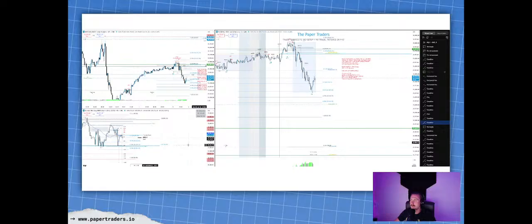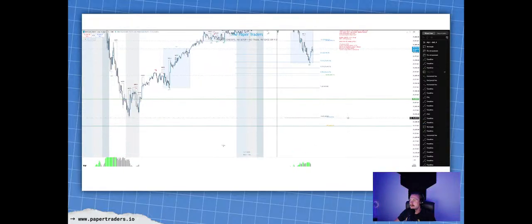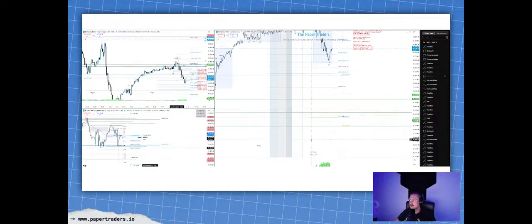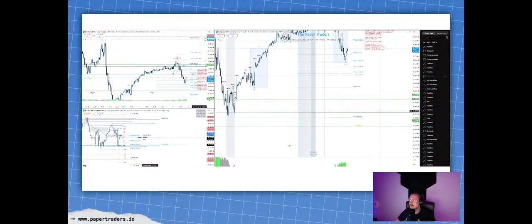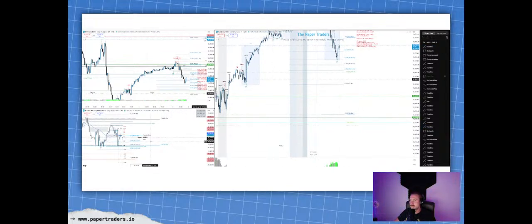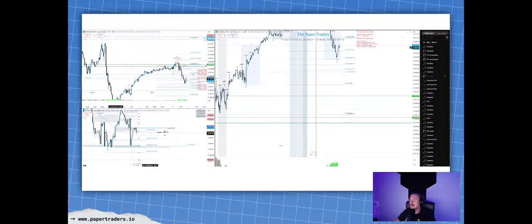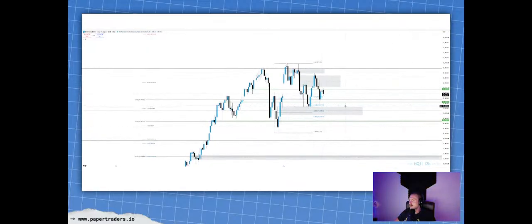We might as well just put a price tag there. 29,310 is that area where price keeps on bouncing. And I'm sure we can even look on the 12-hour at 29,310 here.